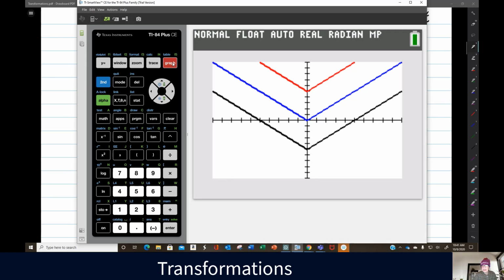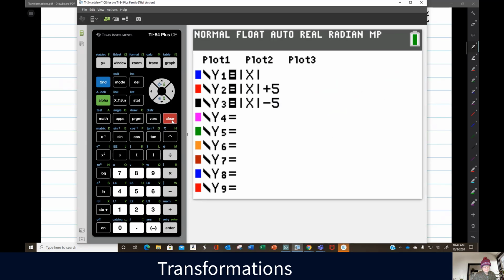The -5 brought the blue graph down 5 units, and the +5 brought it up 5 units. Directly up, doesn't change anything else.